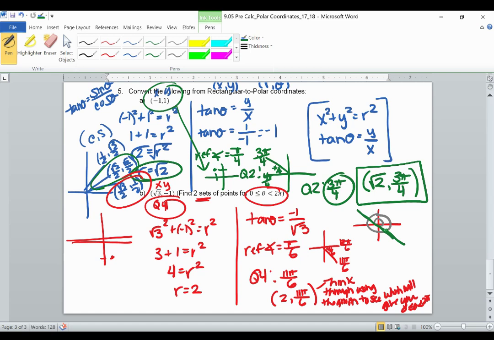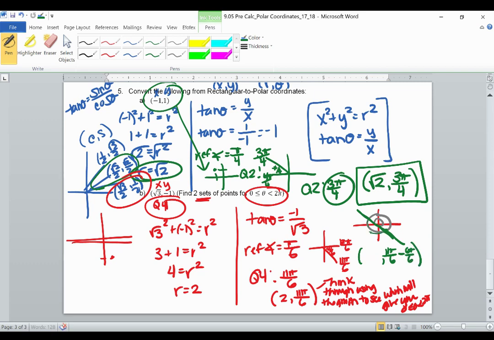Okay, so what if I subtract 180 degrees? So I subtract pi from 11 pi over 6. Will I be over 2 pi? No. Will I be under 0? Not if I'm just subtracting 1 pi. So let's try that one. So I'll take 11 pi over 6 minus pi, which is 6 pi over 6.